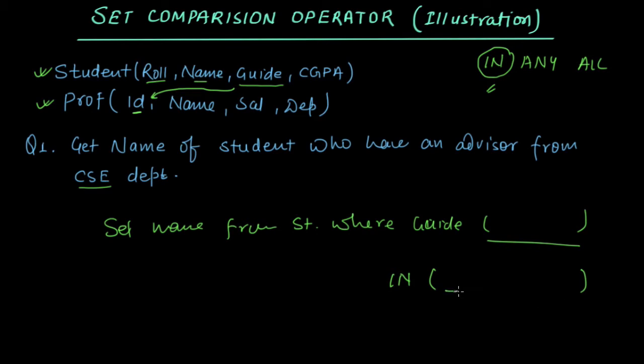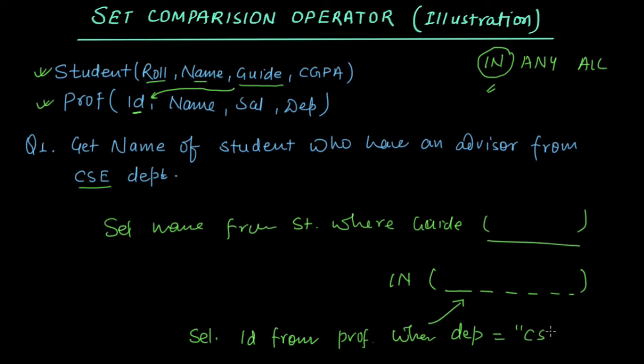And how will we derive this set? We will derive this set using some query again, okay? So we will write a subquery. So now what will we write here? We will write select id from professor, that is the professor table, where department equal to CSE.